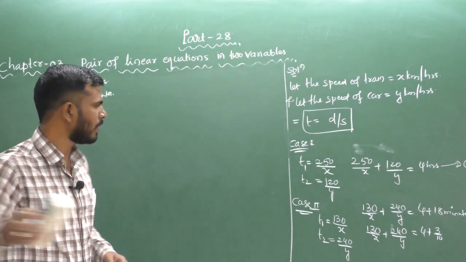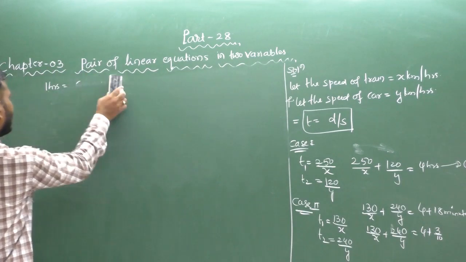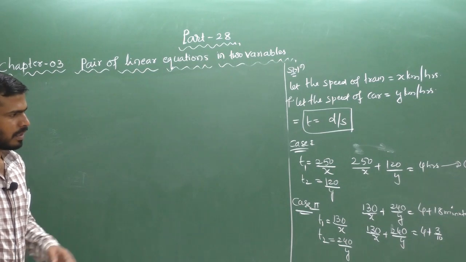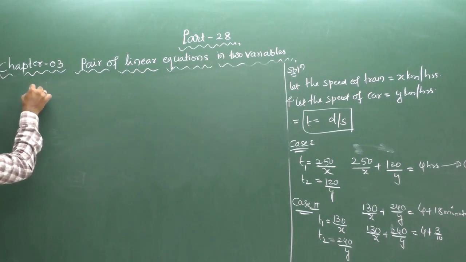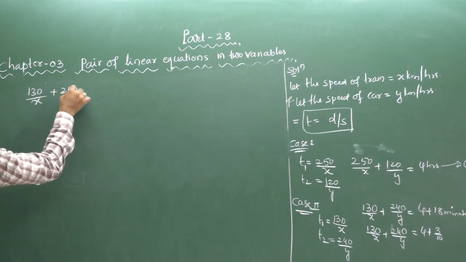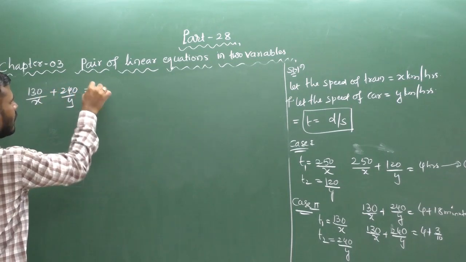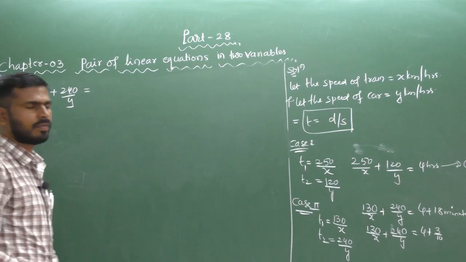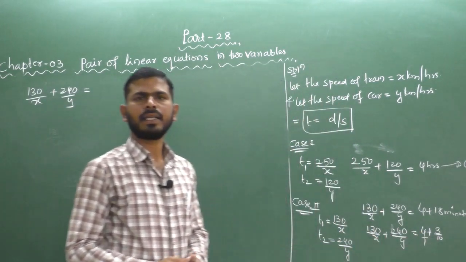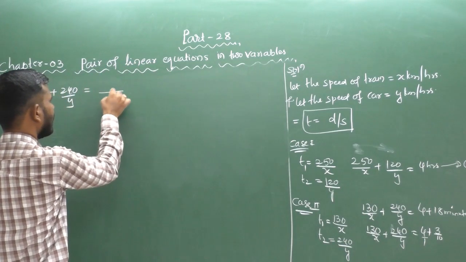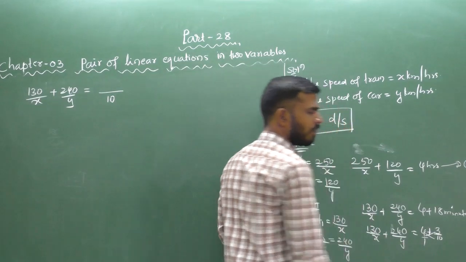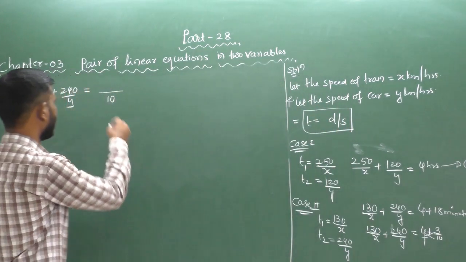Next you have to add, I am writing here: the second equation is 130 by x plus 240 by y equal to, take the LCM, here it is 1 and 10, the LCM is 10. Cross multiplication is 4 into 10, 40, plus 3.